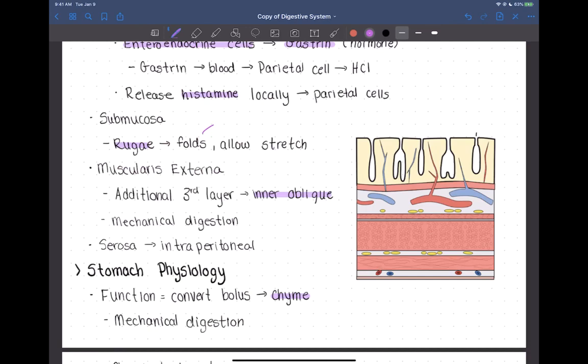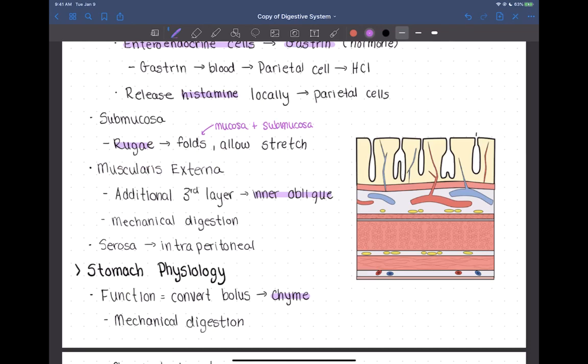So these are folds of the mucosa and submucosa. Those rugae allow the stomach to stretch, so you can eat a large amount of food, a big meal, and your stomach will stretch to accommodate that big meal.